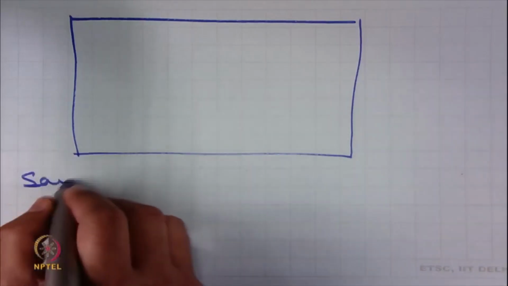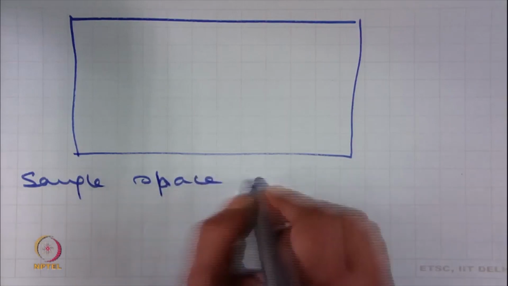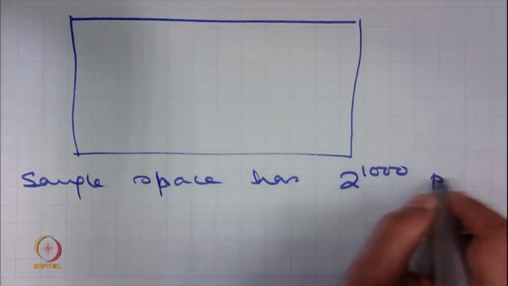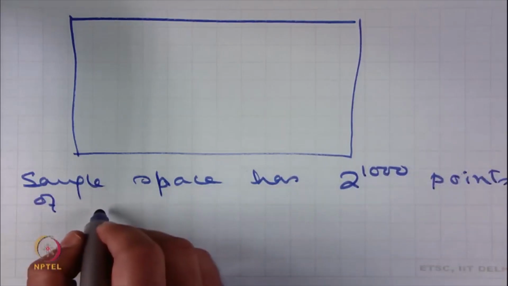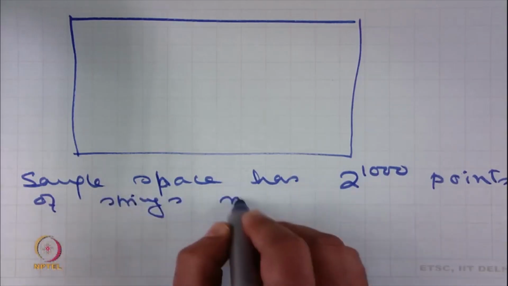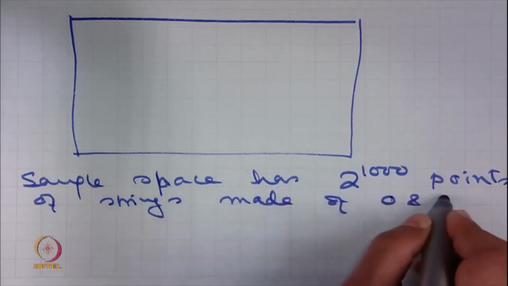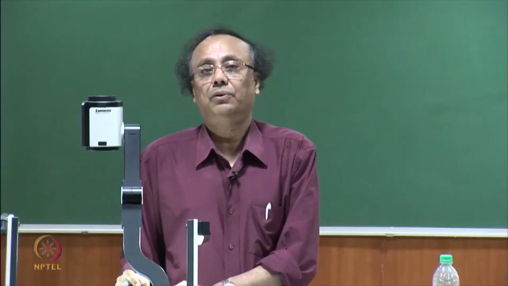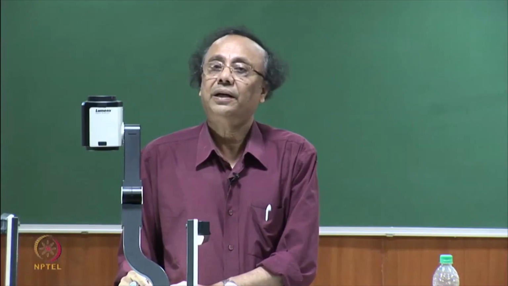What is the sample space? Sample space has two to the power 1000 points of strings made of 0 and 1, because each toss ends up in either 0 or 1 depending upon whether it is a tail or a head.